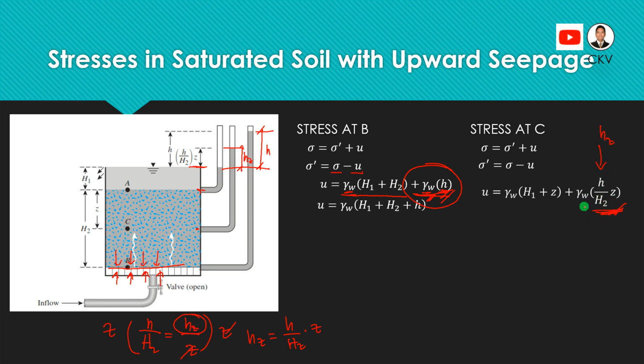So just multiply it again by the unit weight of water and add that to the initial pore water pressure. So that's it.